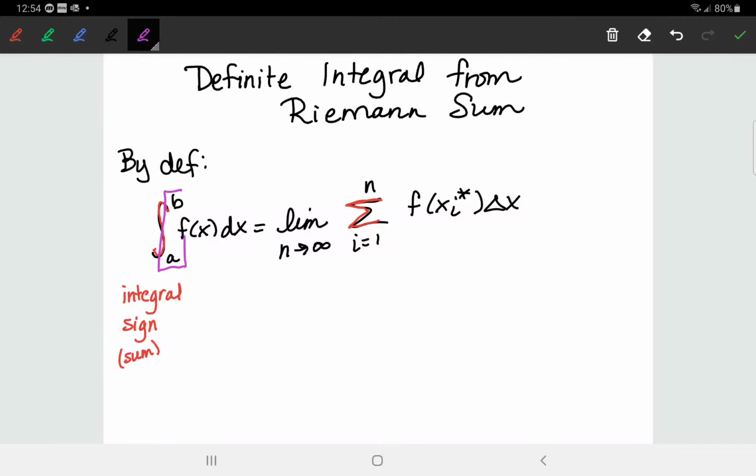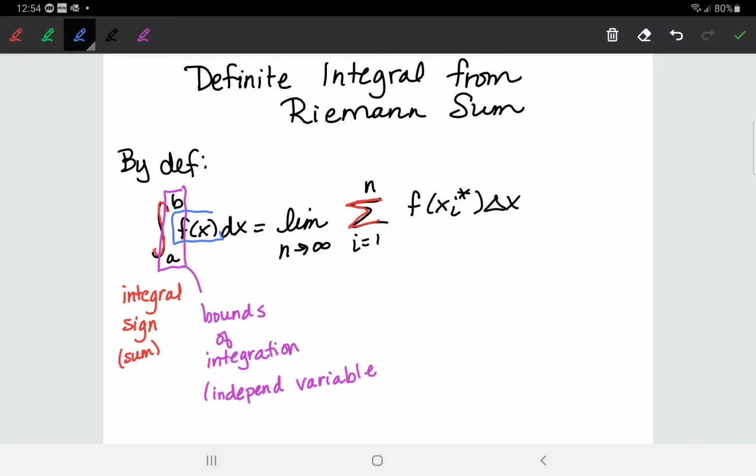These happen here. These are the bounds of integration. These are always written in terms of the independent variable. Inside of here, f of x is called the integrand.